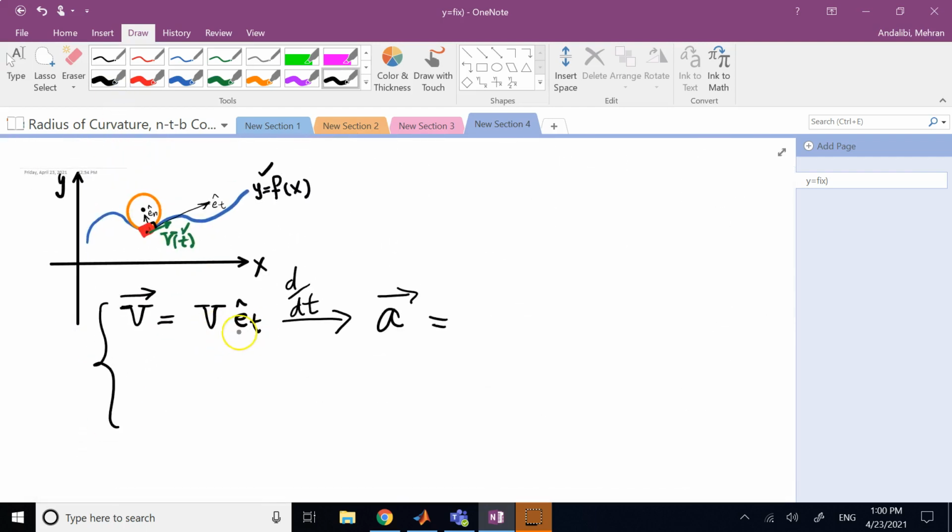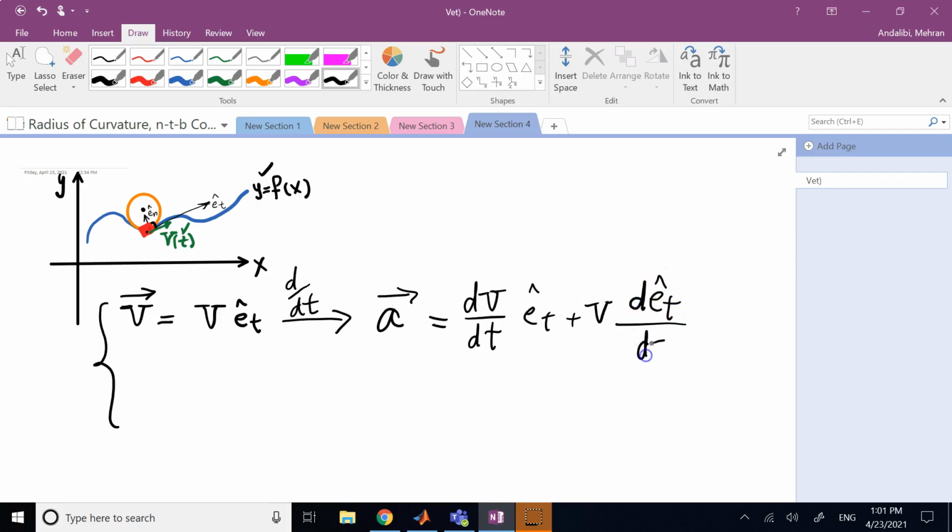both of these entities have time derivatives, and so we use the product rule. It is going to be dv over dt times ET plus v times the derivative of ET with respect to time.